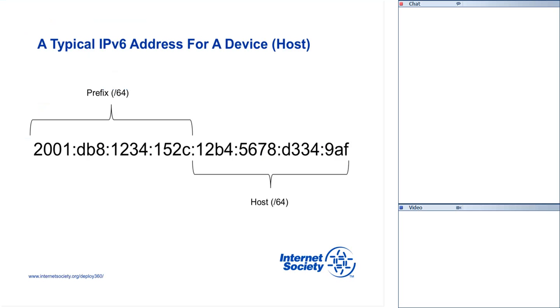Yesterday, I spoke a bit about how you typically have an IPv6 address, which has a prefix and a host. For an individual device, it's going to be a /64 almost all the time, and that allows 64 bits or 4 blocks of hex digits for the device ID and 4 blocks of hex digits or 64 bits for the prefix.